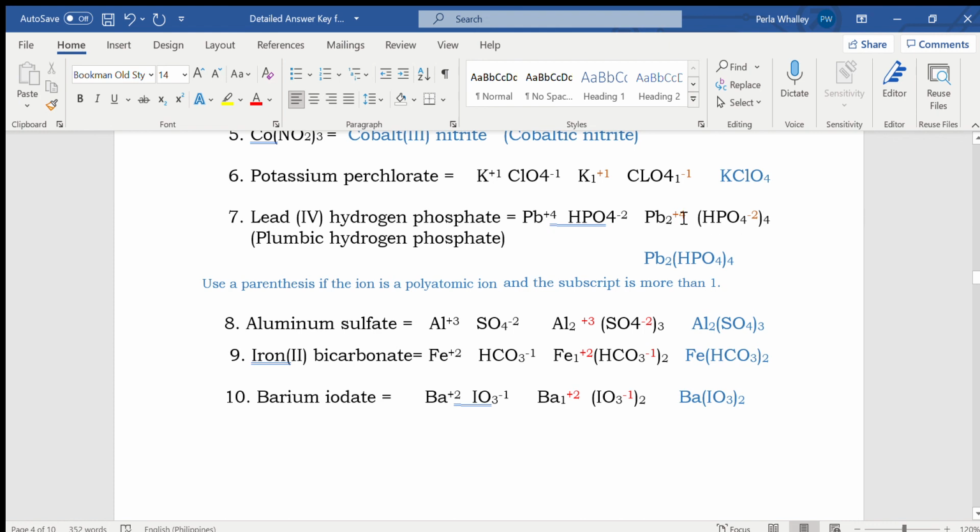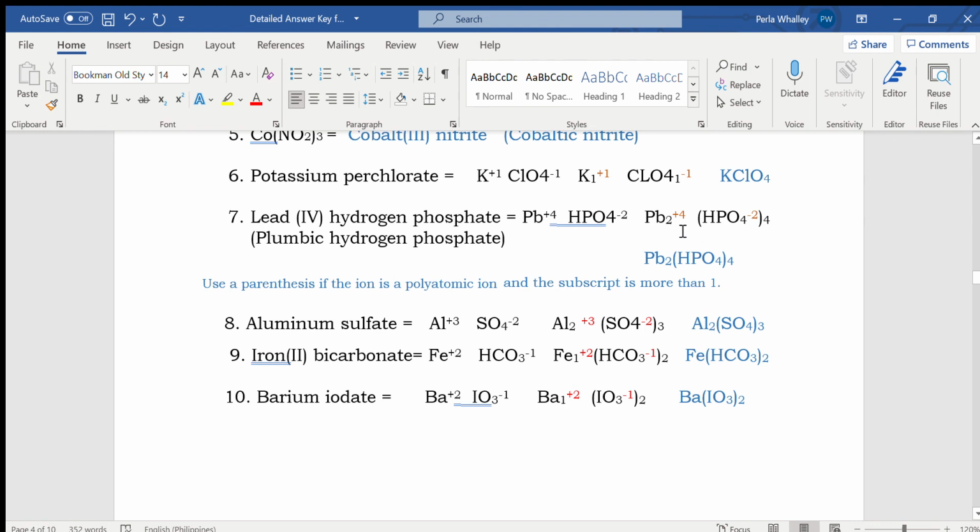So remember, class, that we need to use parentheses if the ion is a polyatomic ion and the subscript is more than 1. Because if the subscript is 1, there is no need for parentheses.